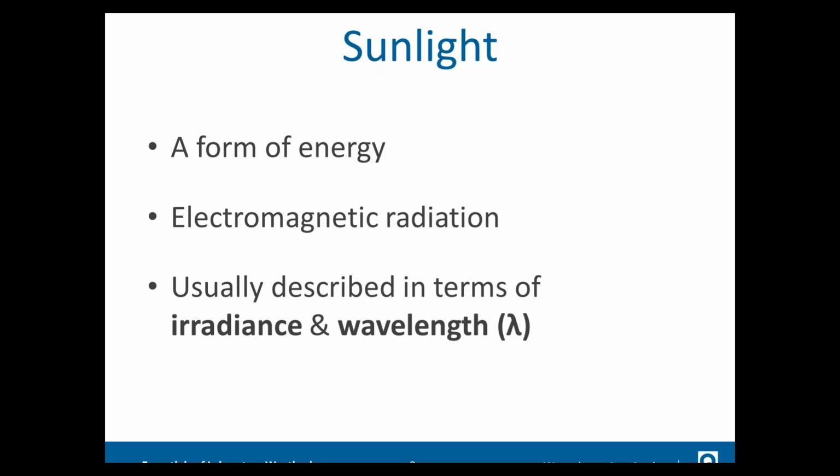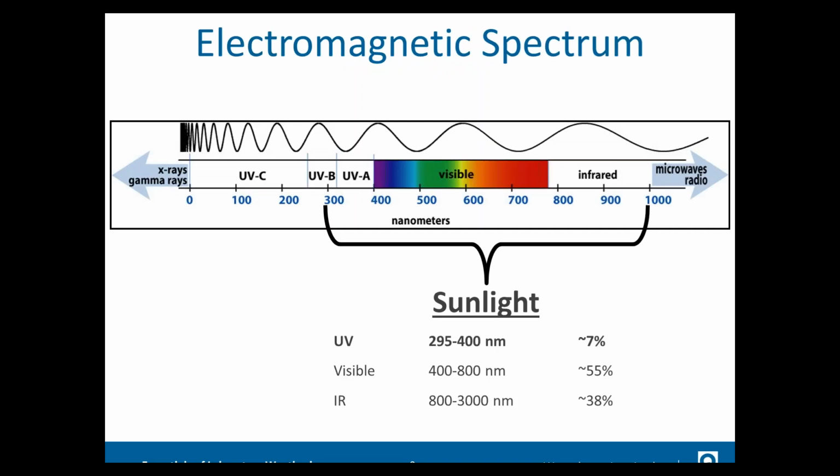We can express this as a form of electromagnetic radiation, and that radiation can be further expressed in terms of irradiance, which is the intensity of that energy, and wavelength, which has to do with the size of the photons and the frequency of those photons hitting a surface or a material.